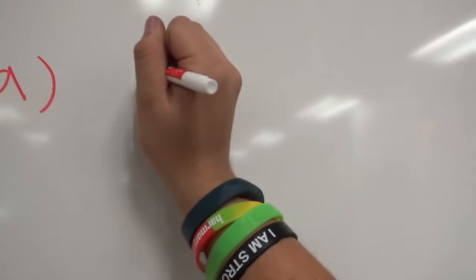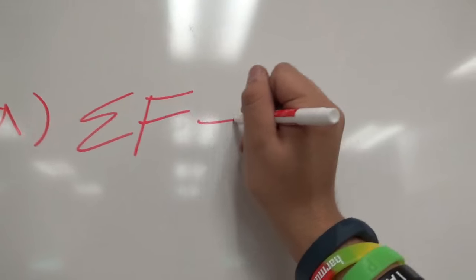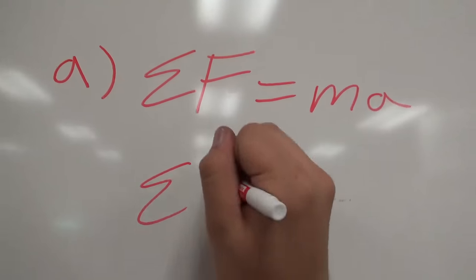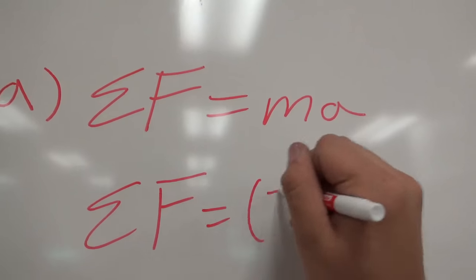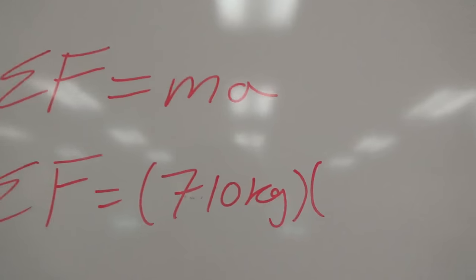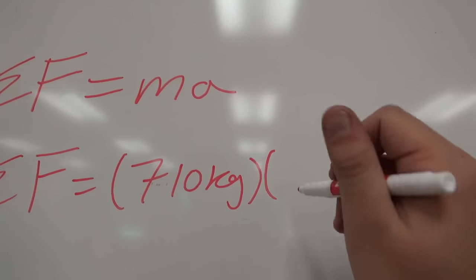Now, back to our problem. It asks for the net force, which has to do with the mass multiplied by the acceleration. And so we just found the acceleration, and we had our mass of 710 kilograms. So I always write down the formula just before I plug things in.